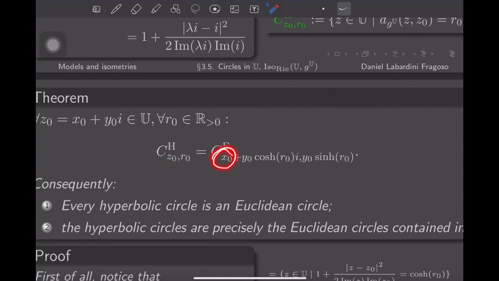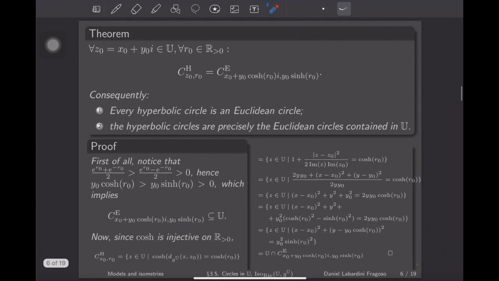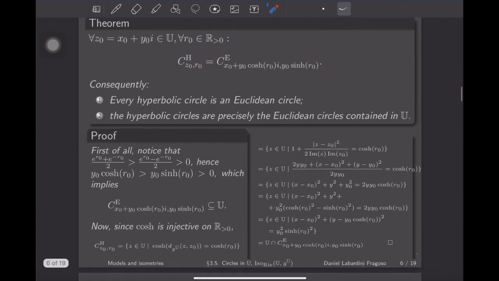At least it has the same real part, so it's aligned vertically with z naught, but with a certain Euclidean radius. I'm going to draw a picture afterwards. But this means in particular that every hyperbolic circle is a Euclidean circle. And from there one can very easily deduce that the hyperbolic circles are precisely those Euclidean circles that happen to be completely contained in U. Okay.